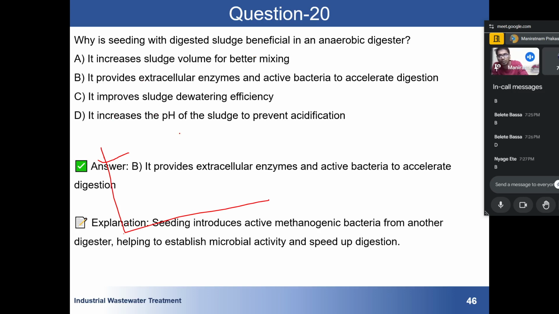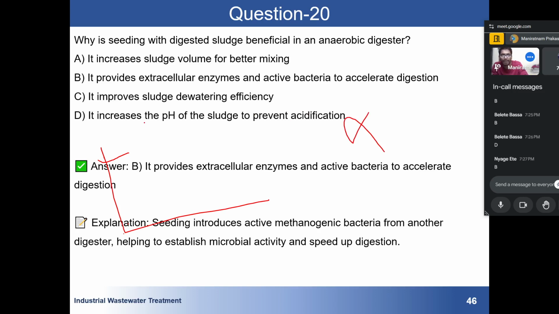If someone was saying that it increases the pH of the sludge, we don't want to increase the pH of our sludge, and that option was incorrect in itself.